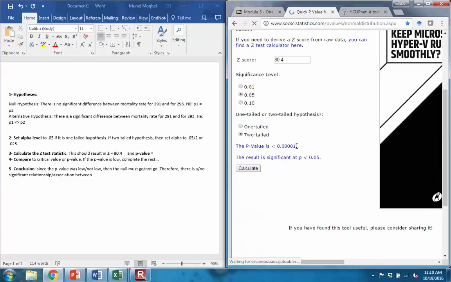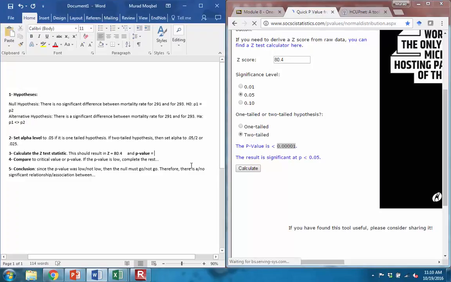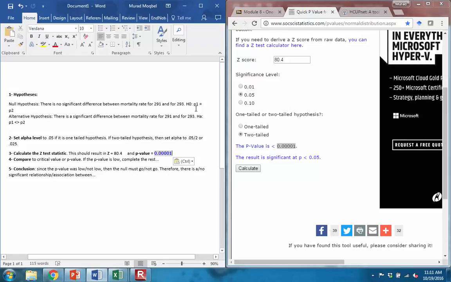Now this is the p-value that I got. So now I'll just put the p-value here. It is telling me that the p-value is very low, it's already 0.000. That means it is very low. So if the p is low, then the null must go. If the null is gone, then the alternative will stay, right?